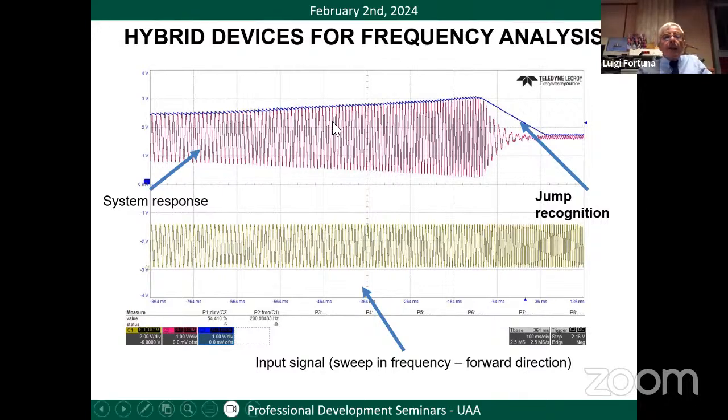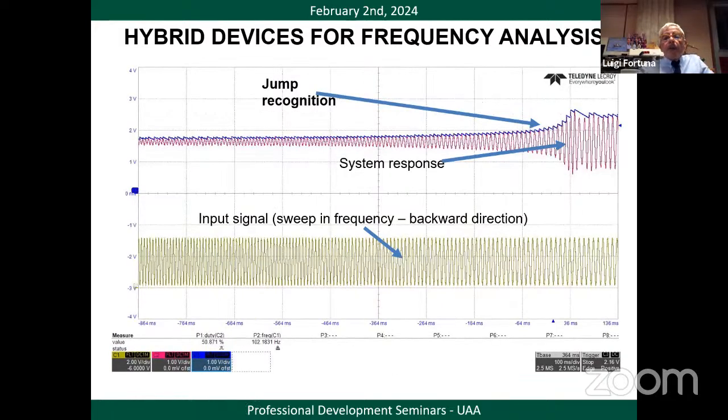The first one is a resonance up, and this is the stimulus signal. This is a sweep in frequency, and we have a resonance at this frequency. Moreover, if we come back with a sweep in the opposite direction, we have a different frequency of shaping. This is a classical jumping resonance phenomenon.